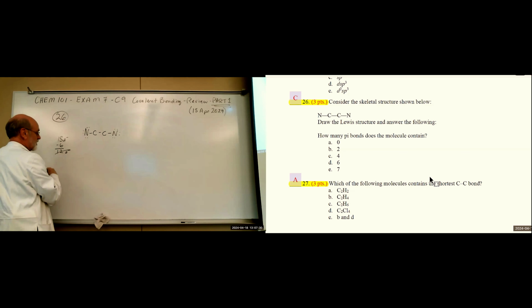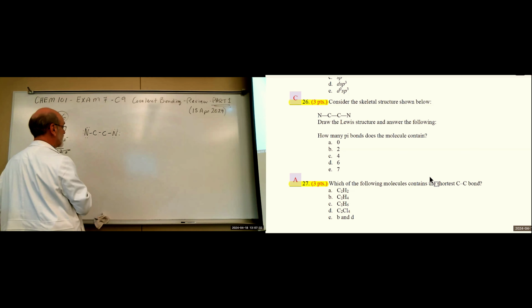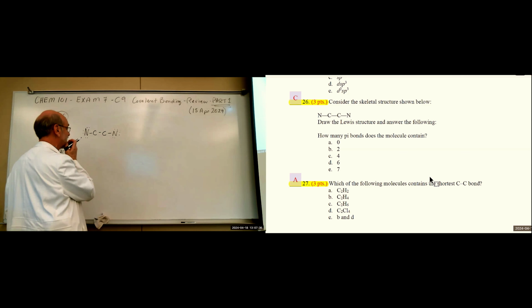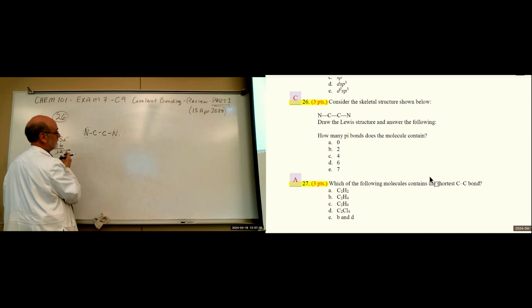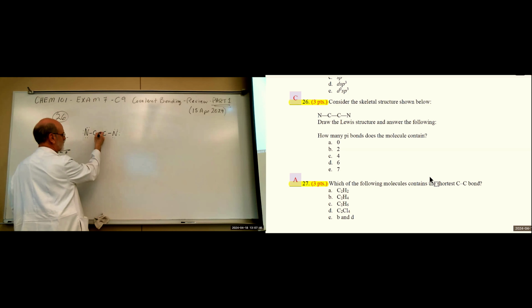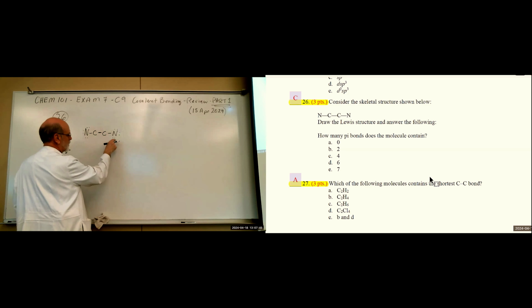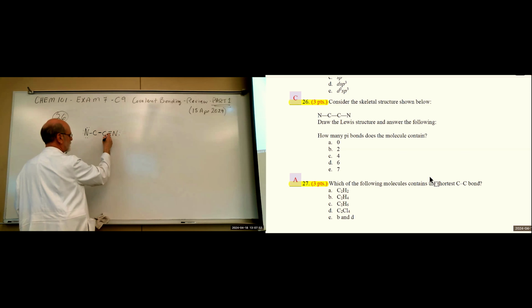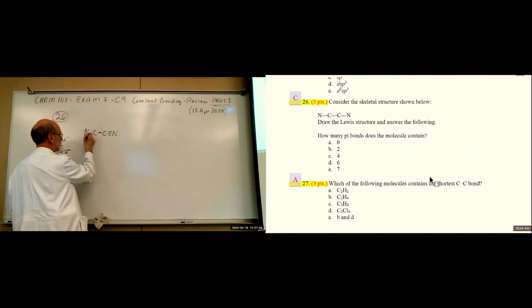Okay, now that we've used up our electrons, we got to make an octet. So how do we make an octet? Well, carbons don't have any electrons, so we can't move it to the inside here. These 2 carbons are single bonded together. But we can make an octet by doing this and doing this.